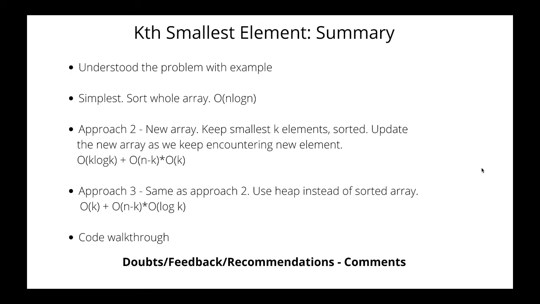We thought, let's maintain a new array in which there will always be the smallest k elements in a sorted fashion. And as we travel across the original array, we will keep updating this new array with the smallest k elements seen so far, which are sorted.